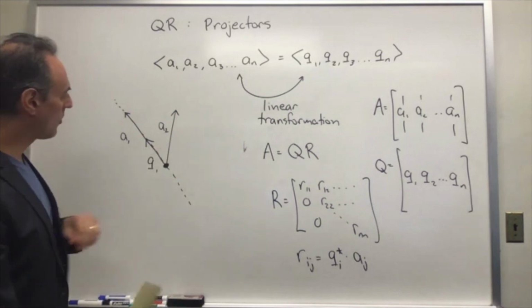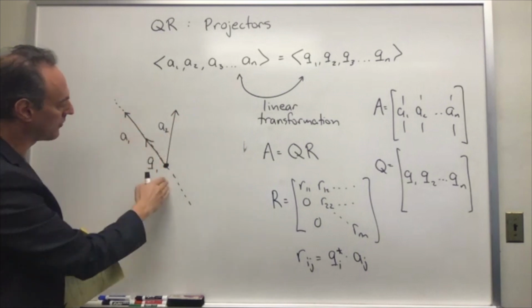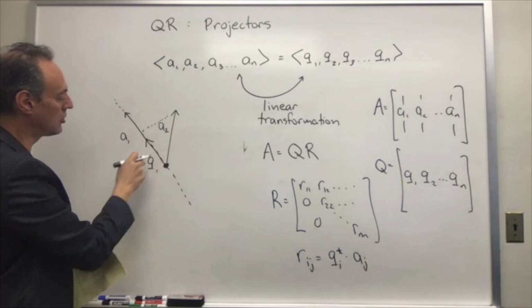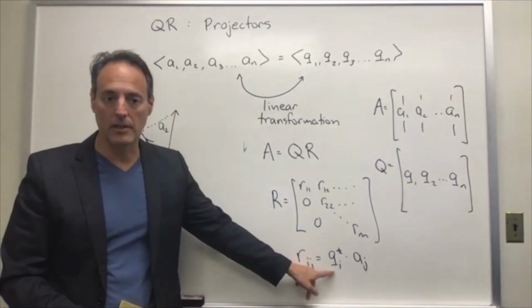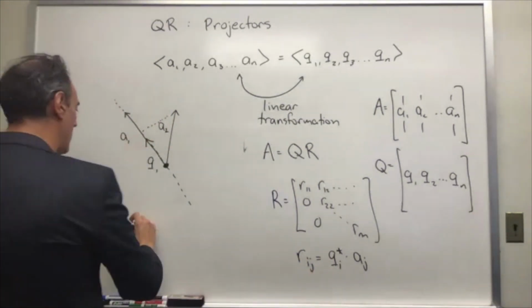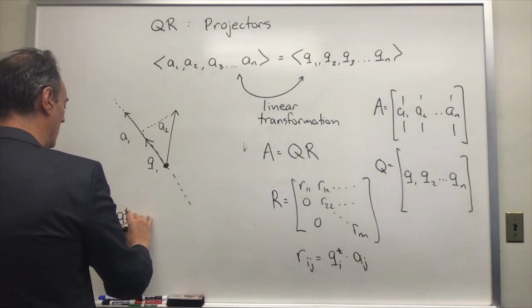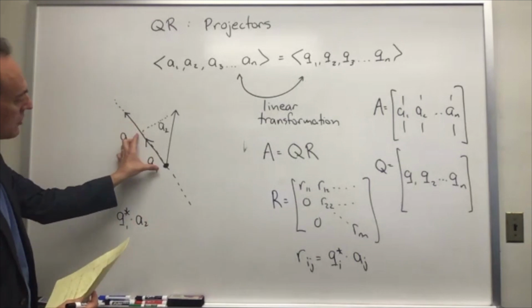In other words, if I think about the projection of A2 onto this first direction I have, then I could project A2 onto Q1. In fact, that's exactly what this formula is right here. That formula tells you, if you want to find this projection, you take Q1 star dot A2. That is this vector right there.